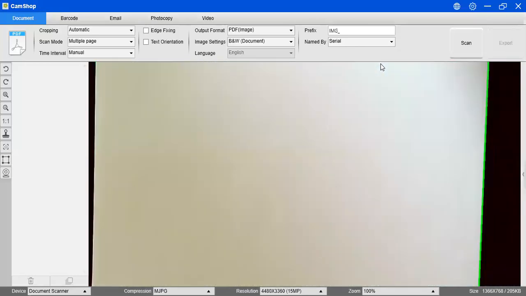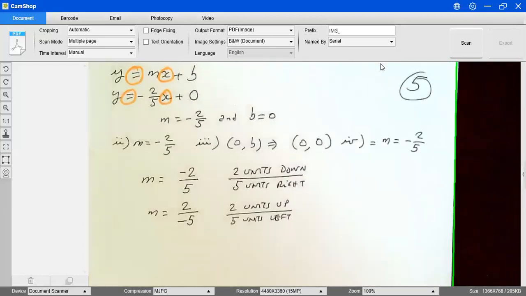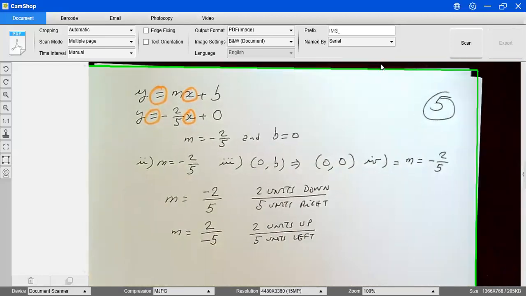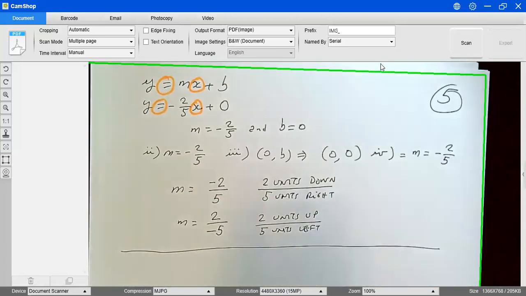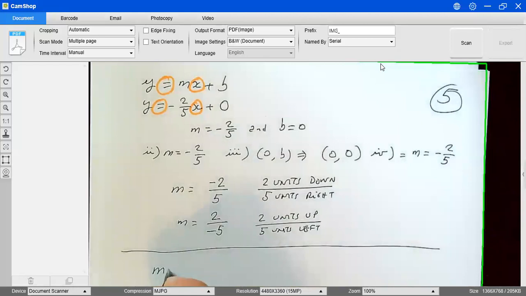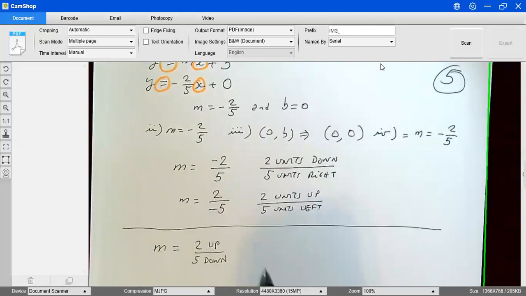So now I'm going to give you an assignment for you to practice this. But before that, I'm going to explain how you can switch the recipe. So if you have a recipe, for example, 2 up and 5 right, you can switch both directions, and you're going to get the same recipe.